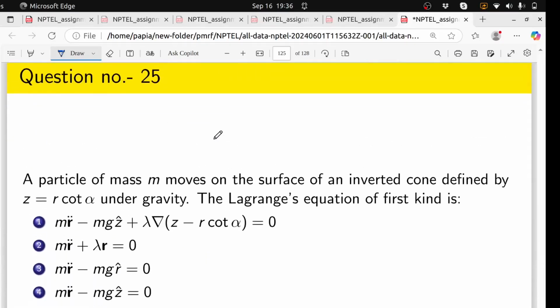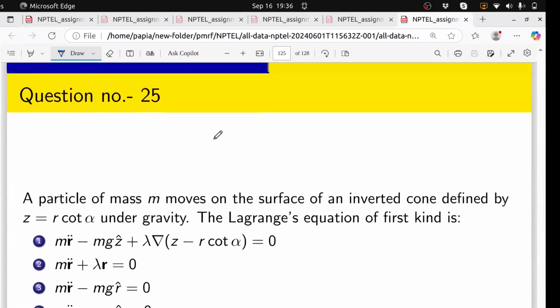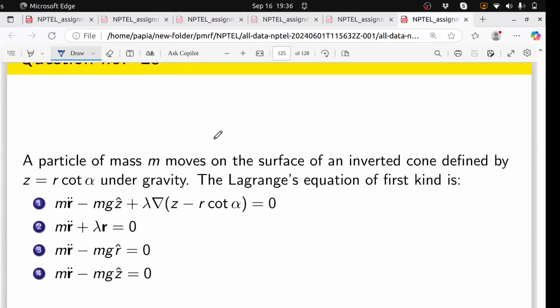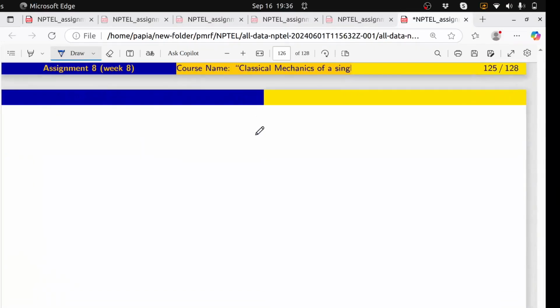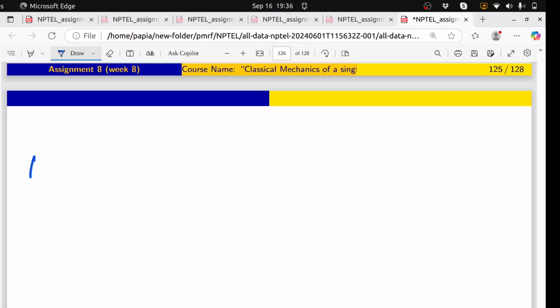Now coming to the last question. The particle of mass m moves on the surface of an inverted cone defined by z equals r cot theta under gravity. The Lagrange's equation of first kind is, okay, under gravity they are mentioning here, so we have to take care of the gravity in this case as the applied force.